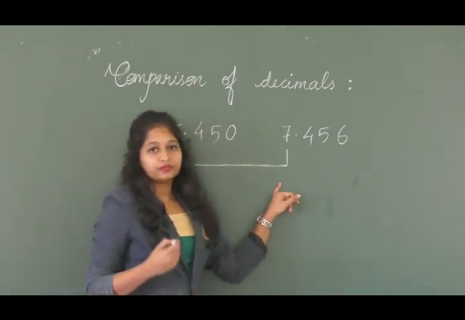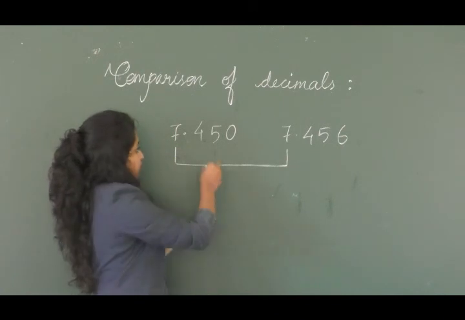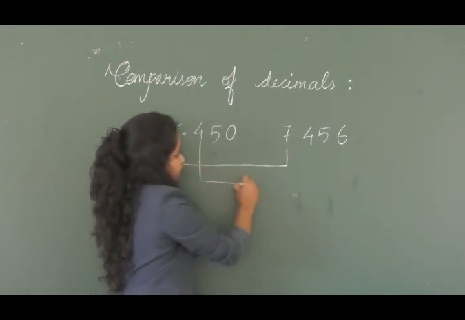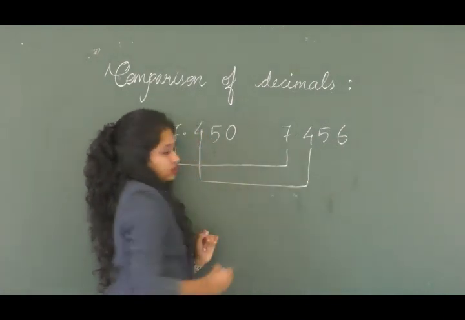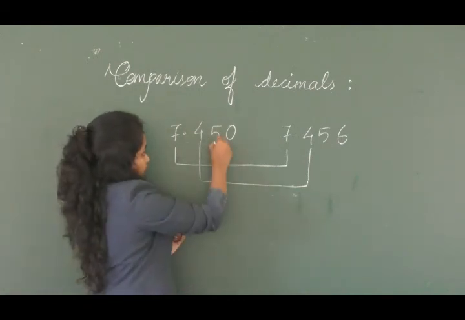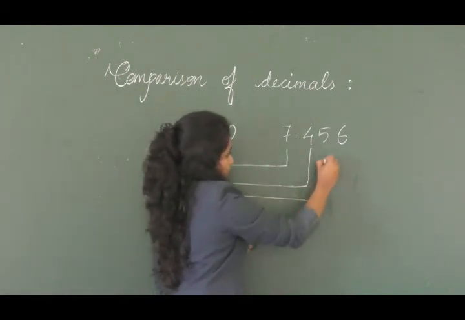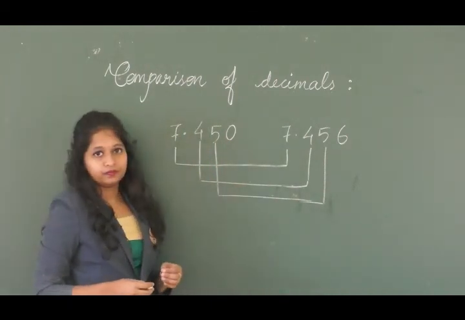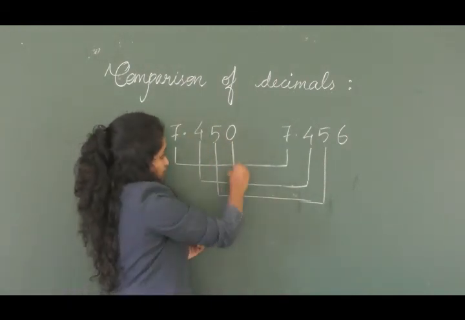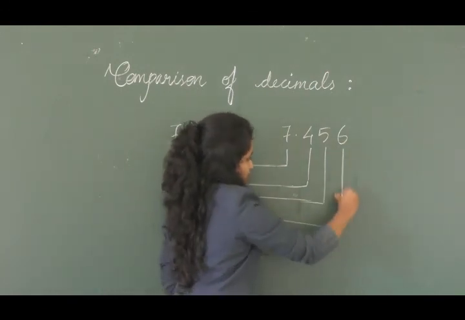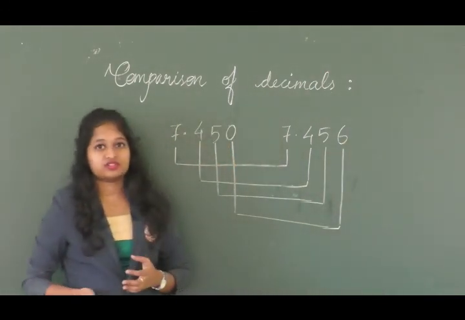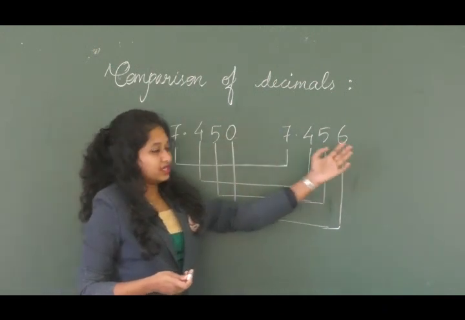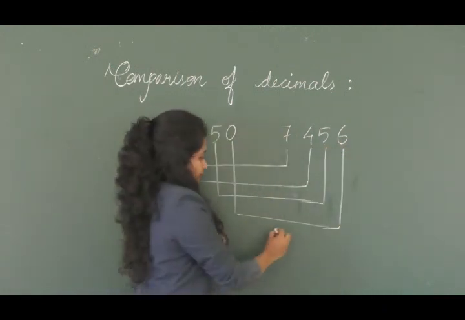Both are equal. Next, 4 are same. 5 the same. And next, when we see 0 and 6, there is a difference. 0 is less than 6.